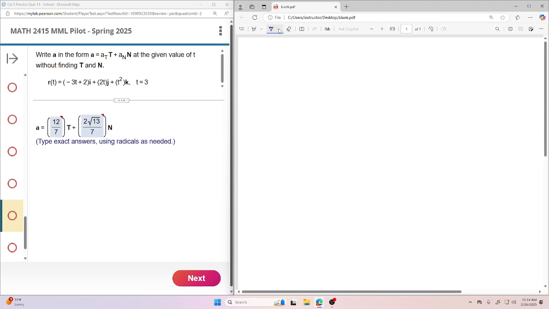Are y'all okay with me doing this one? Yeah, sure. So first I need a formula for this stuff, right? So a sub t is the dot product one, I believe. So a dot v dot a. Yep. Cool.